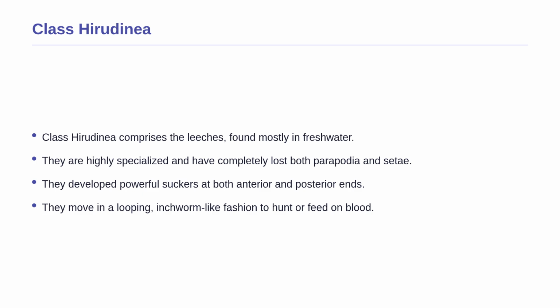They use these suckers to attach to hosts and move in a looping, inchworm-like fashion. While most leeches are found in freshwater and are infamous for feeding on the blood of vertebrates, some are actually active predators that hunt small invertebrates. Their unique adaptations make them distinct from the other two classes.